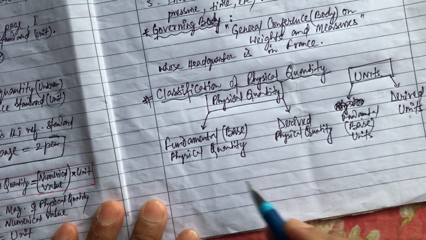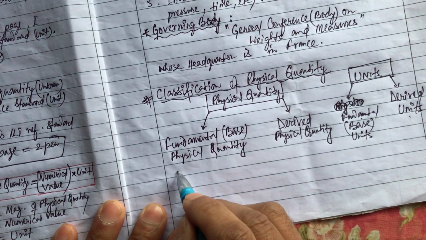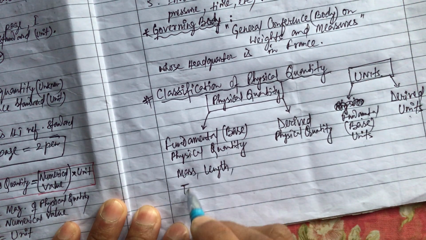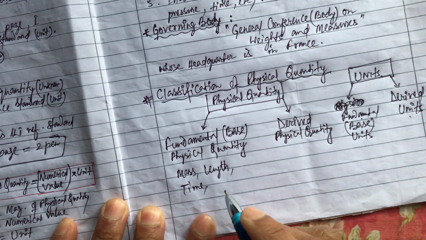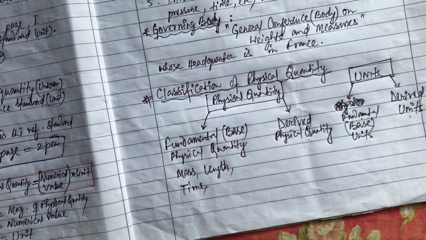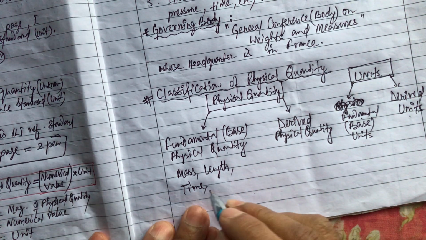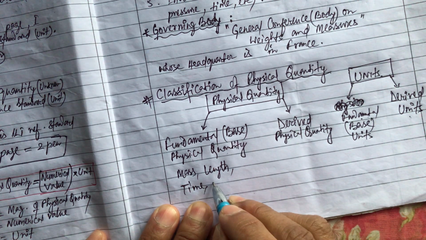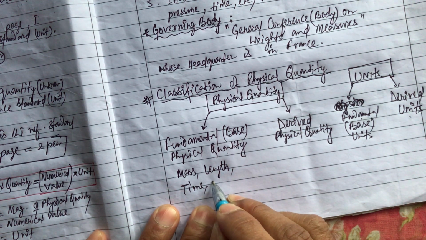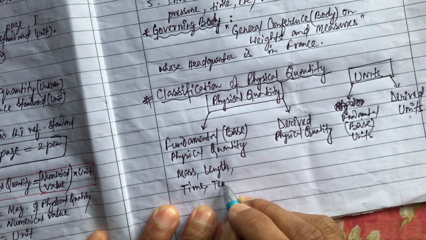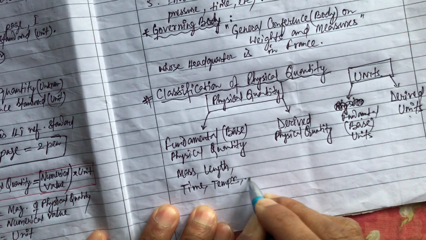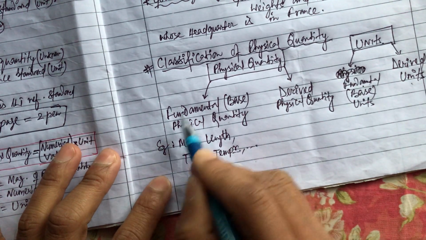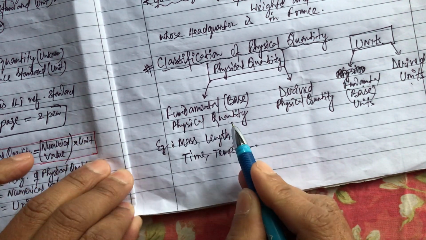For fundamental, we have mass, length, time, temperature, and so on. There are 7 of them, we will see later on. These are examples of fundamental physical quantities.